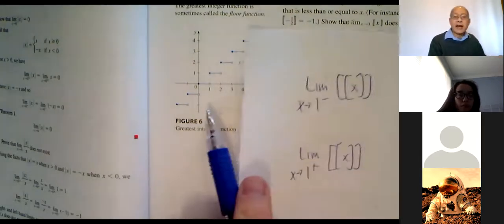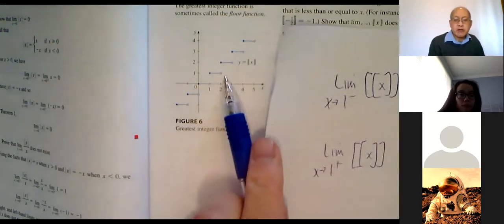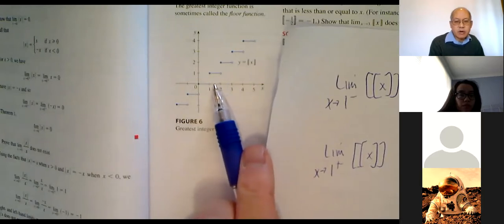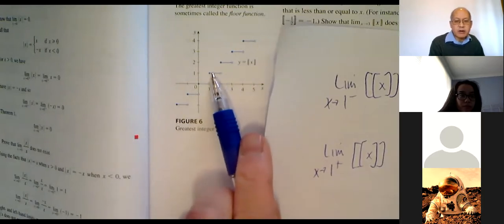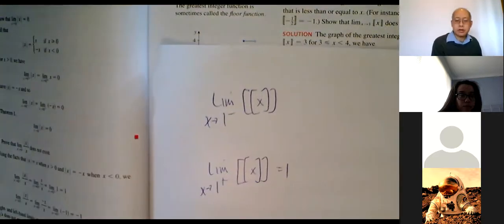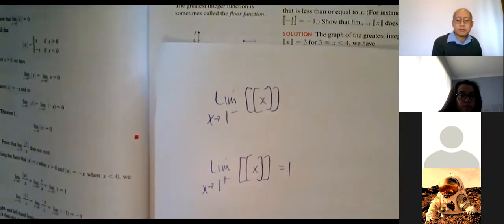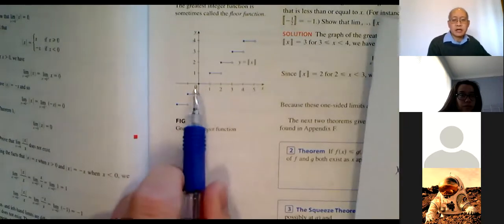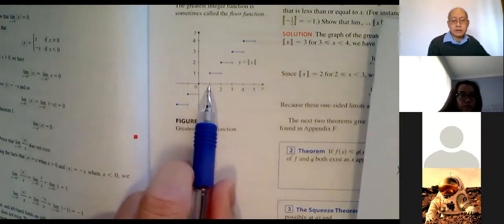Okay? So x approaches 1 from the right side. So when x gets really close to 1 on the right side, the y values are up at 1. How about as x approaches 1 coming from the left side? I'm down here. 0.